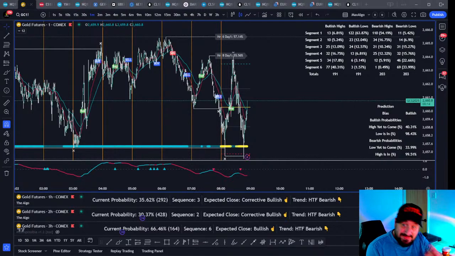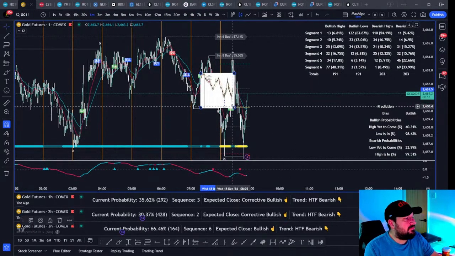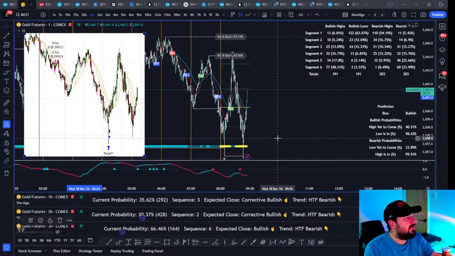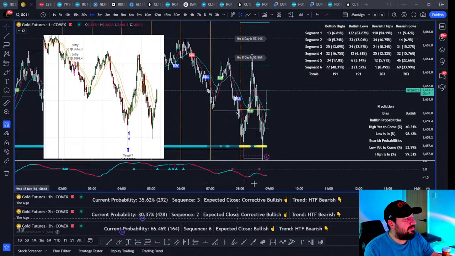So, forgot about gold. Just hit TP on gold. Right.